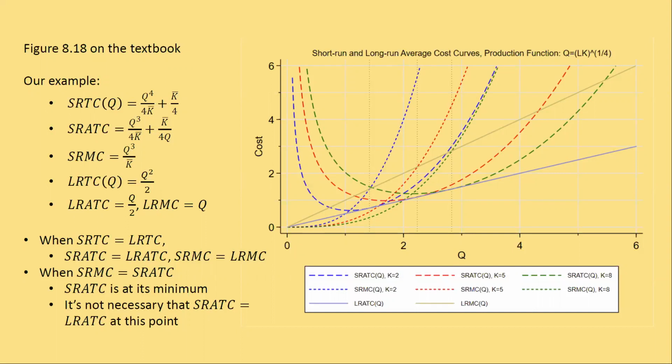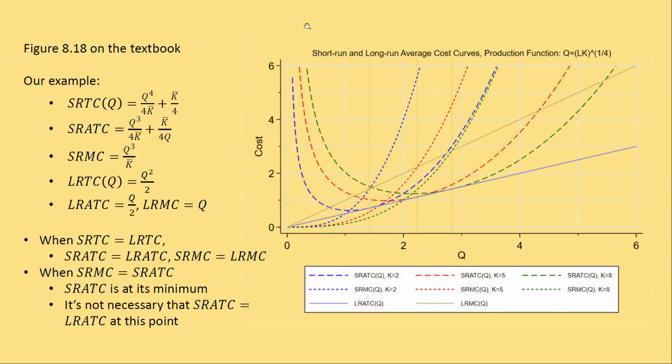And all those are drawn to scale. So we have derived the formula for our short run total cost. We've also calculated our short run average total cost and the short run marginal cost. So I was drawing the curves for three different values of k bar over here.